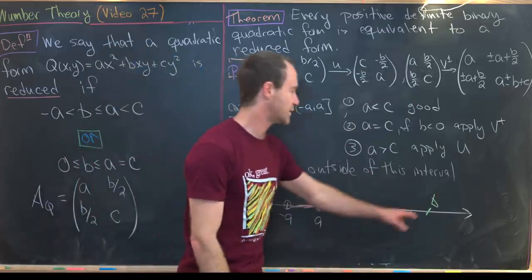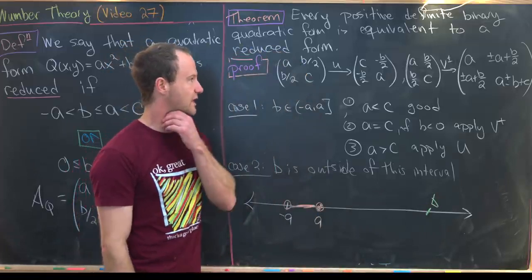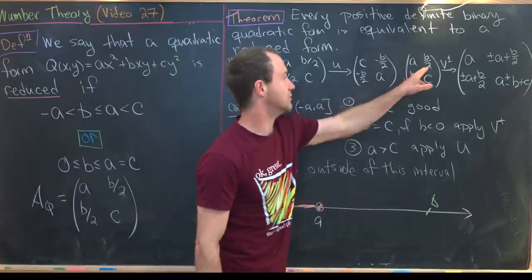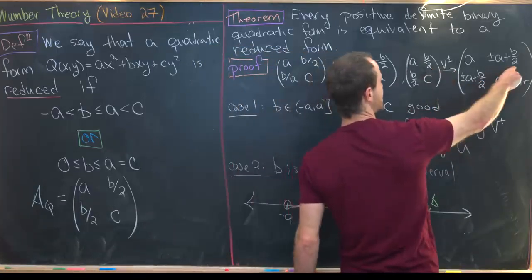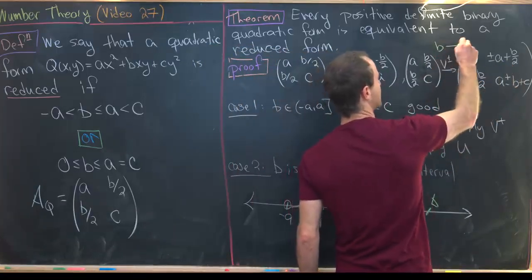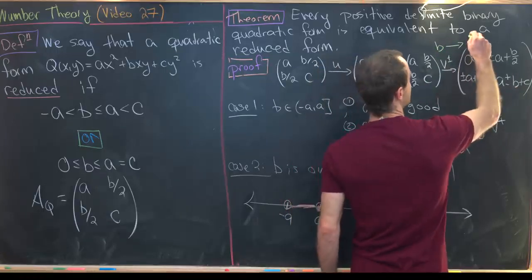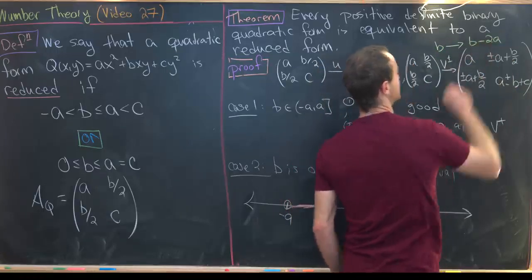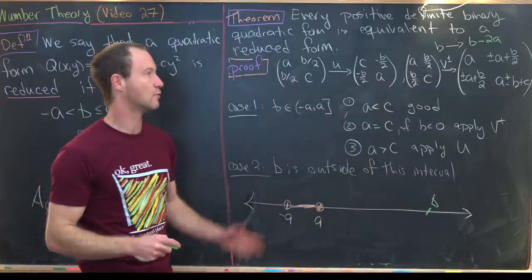Okay, well, what happens if we apply V minus? So that's going to replace B over 2 with this thing right here. But this replacement of B over 2 with this is equivalent to the replacement of B with B minus 2A, just because you've got to double things to make that make sense. Why is it minus?